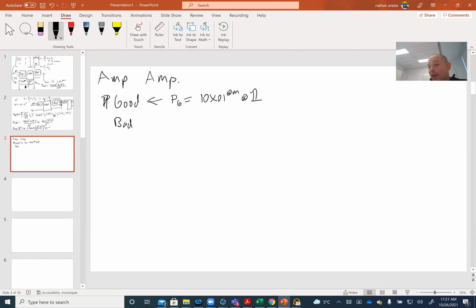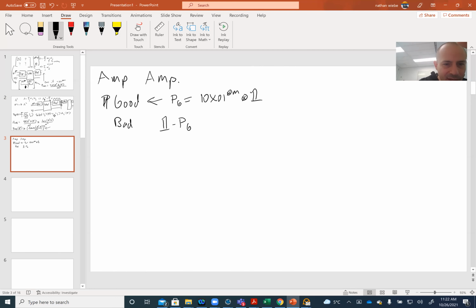So we're now calling all states that are of the form 0 tensor M good, and all states that aren't of that form bad. Of course, the projector onto the bad space will be 1 minus the projector onto the good space, because we're assuming that all states are either good or bad. Okay, so that is how amplitude amplification works.